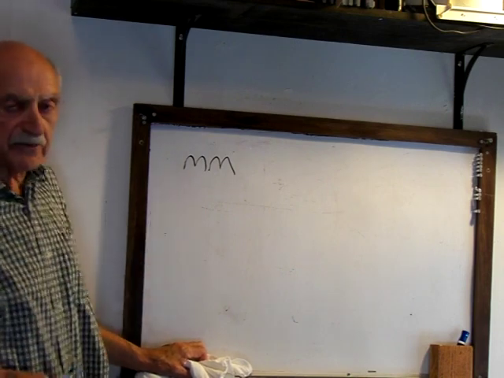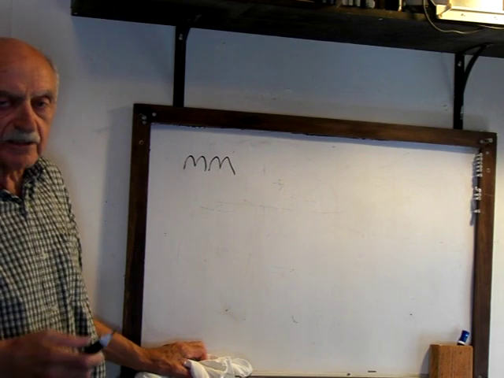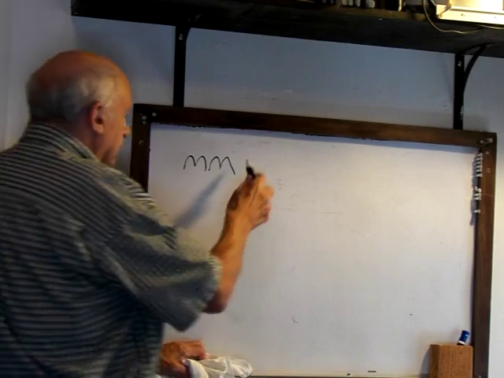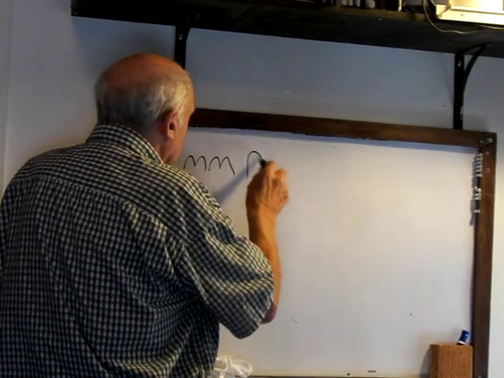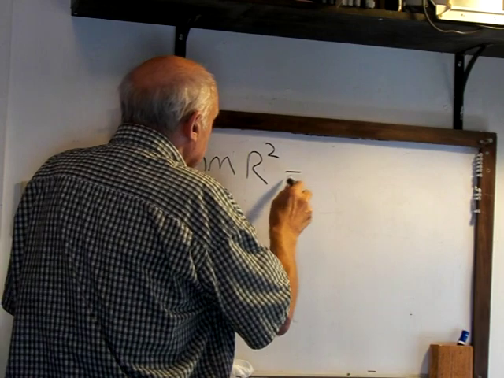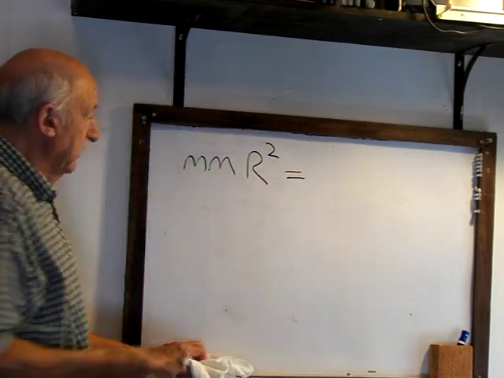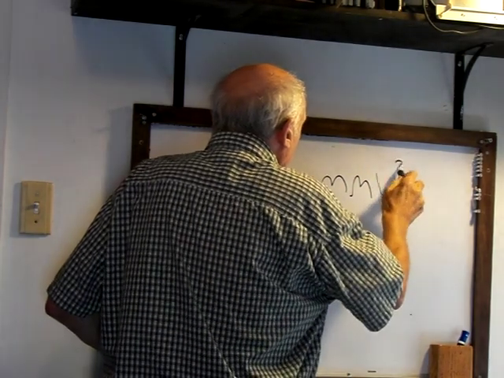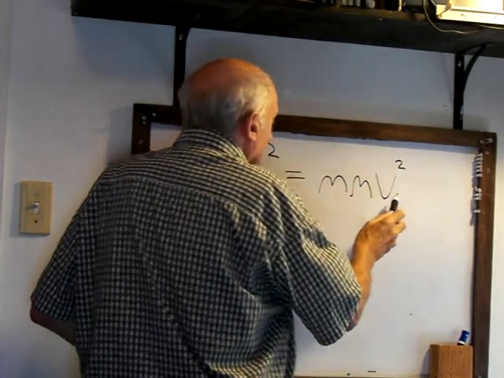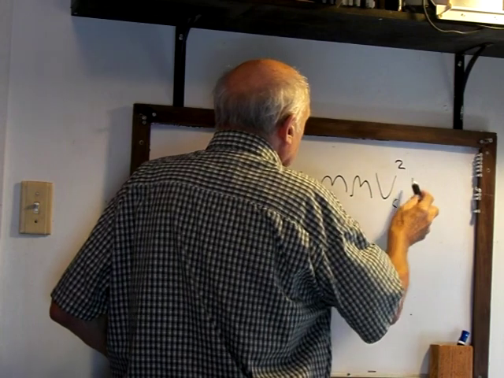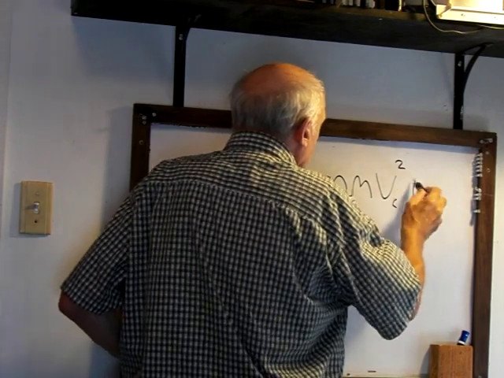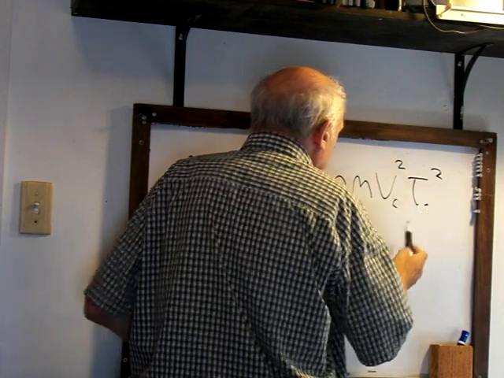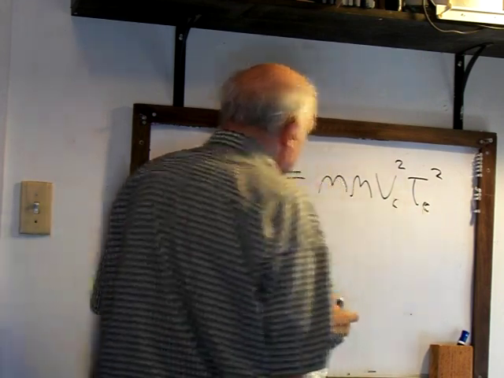It's just a multiplication factor, the product of the two masses, because that gives you the extent of the relationship. That times r squared, which is the radius of the energy circle, is equal to the orbital velocity squared, circular velocity, times the period squared, the period in a circular orbit.